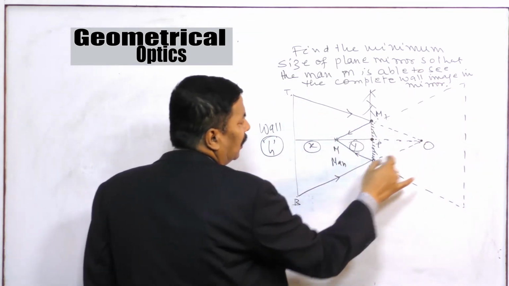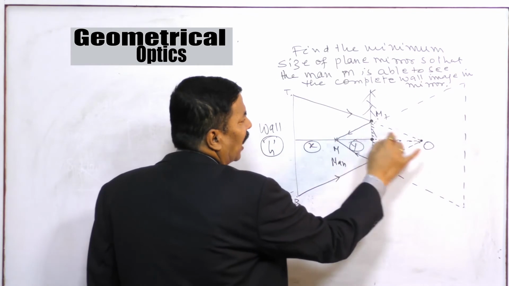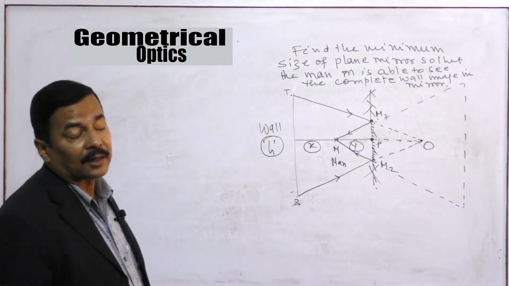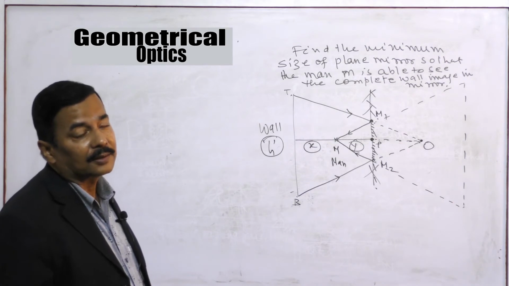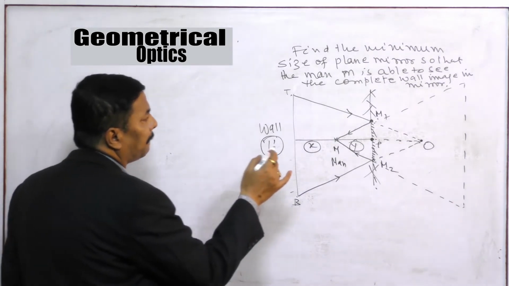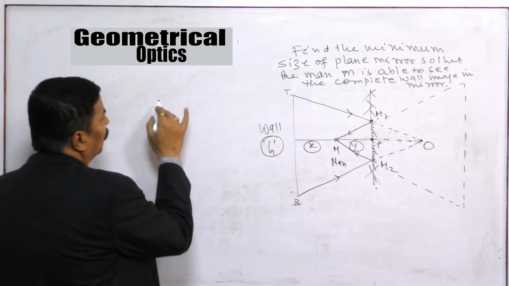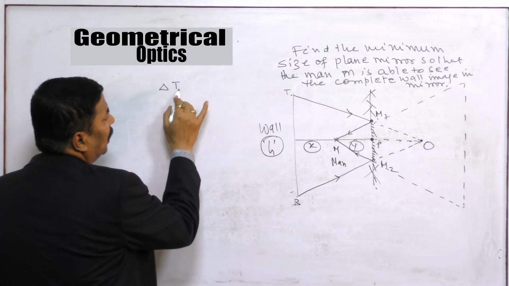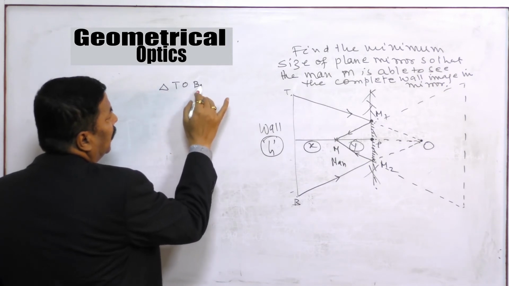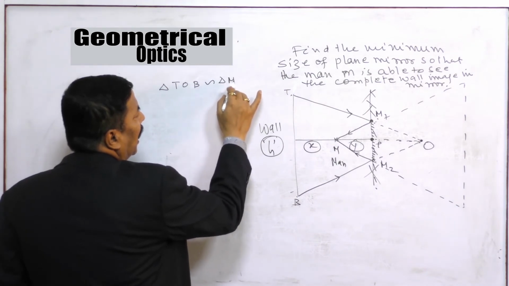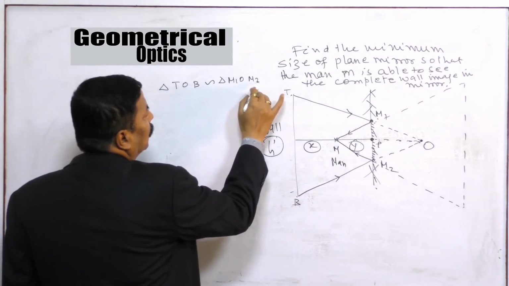This triangle and this triangle are similar, and if the triangles are similar, then what will happen? Sides must be proportional. So triangle TOB is similar to triangle M1 O M2.